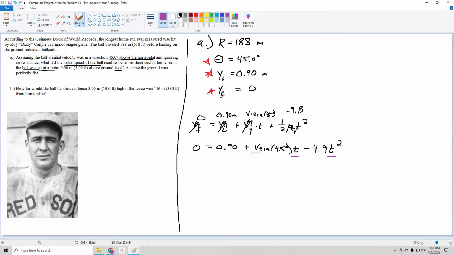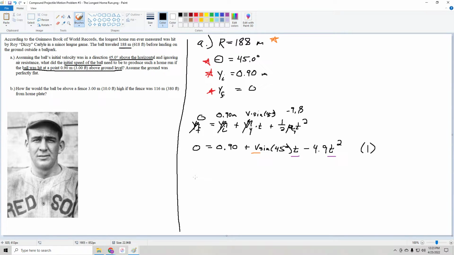In the meantime, let's label this as 1, because we will eventually come back to this. The other equation that we can use to get the amount of time it takes for the ball to reach the ground involves the range, right? Why not use what we've been given?